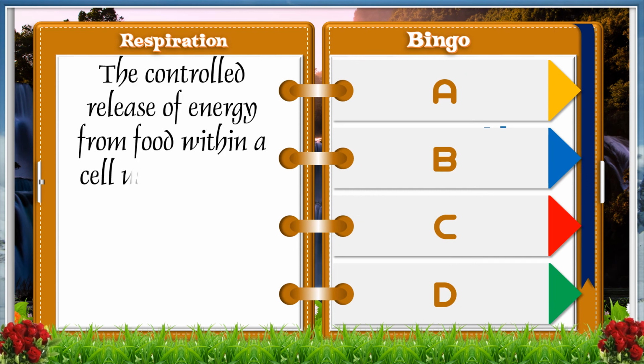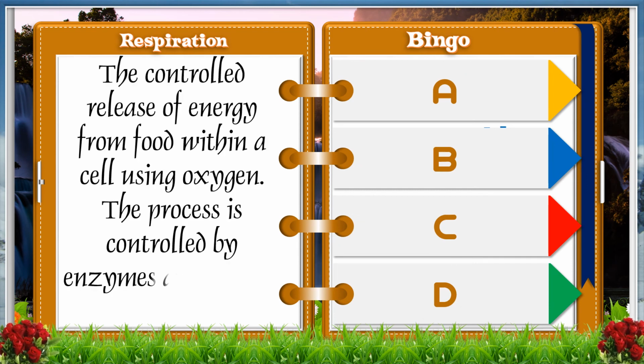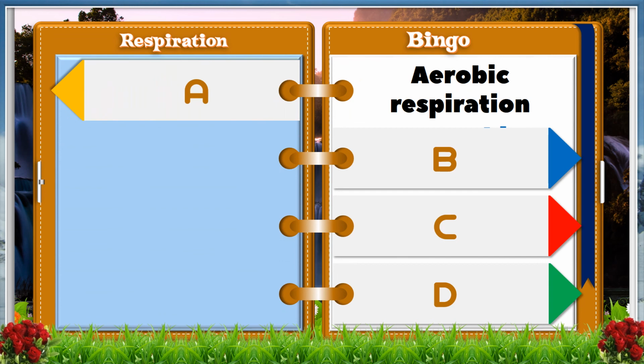The controlled release of energy from food within a cell using oxygen. The process is controlled by enzymes and is very efficient. A. Aerobic respiration.